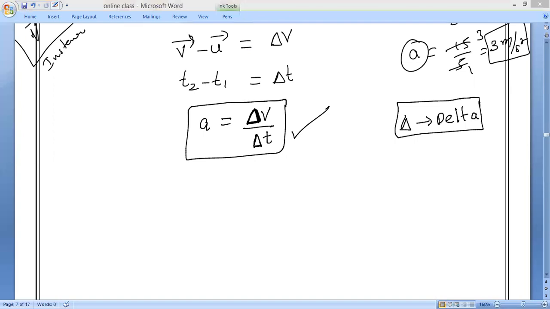If you understand this, then in the next class we are going to study the types of acceleration. The first type is called uniform acceleration, and the other is non-uniform acceleration. Also, if you want to move, you will increase your velocity.